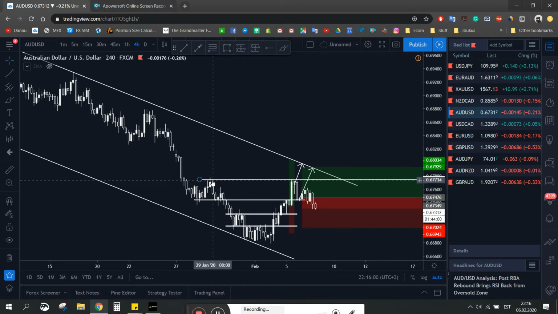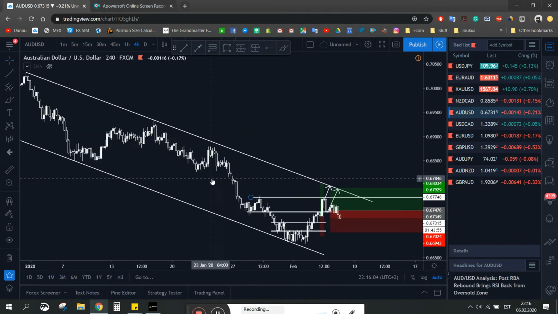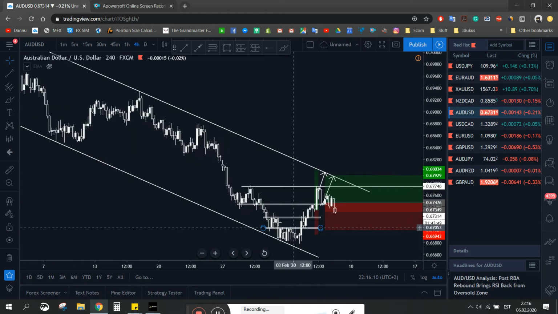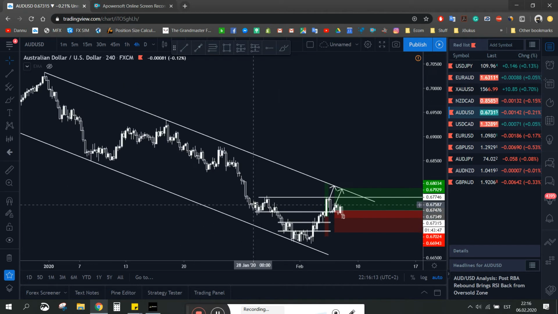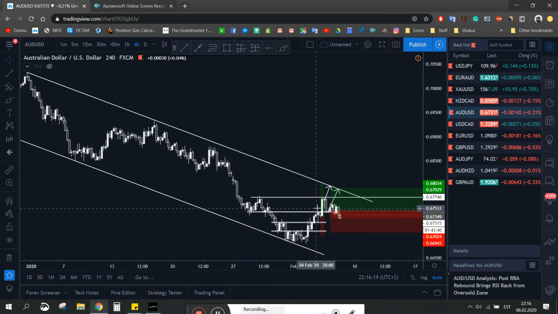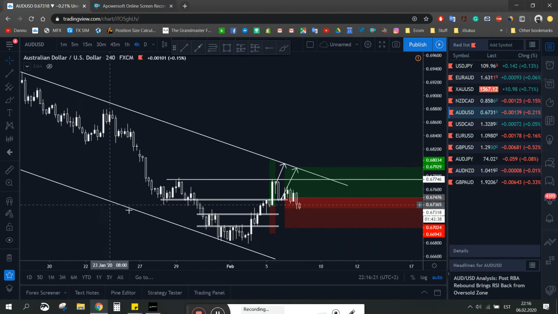AUD USD. We're in a downward channel, but more recently price is going up, and I'm thinking it might go to this trend line.